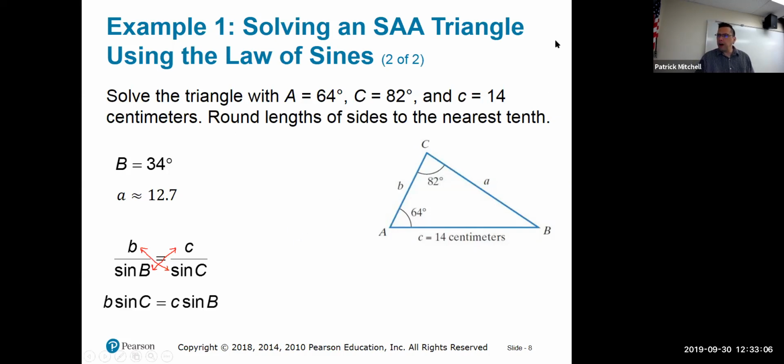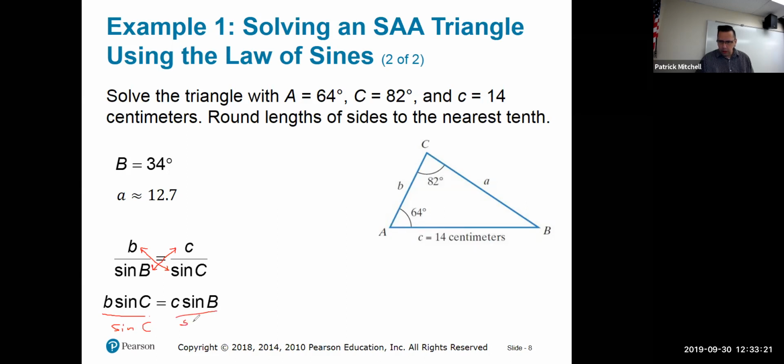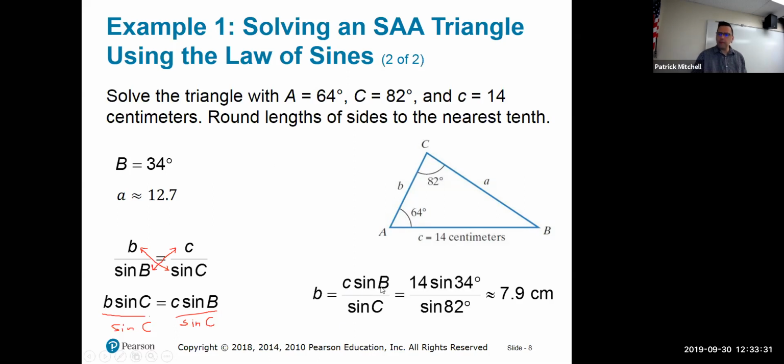And now since we are trying to solve for side B, we're going to divide both sides of this by sine C. That's going to give us C times sine B divided by sine C. That comes out to 14 sine 34 degrees divided by sine 82 degrees, which is about 7.9 centimeters.